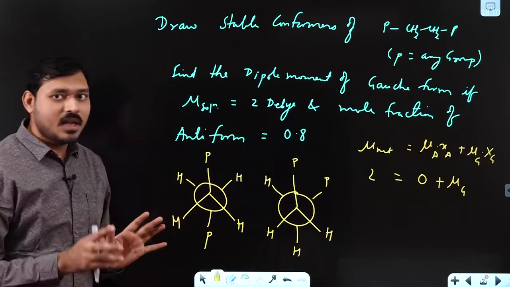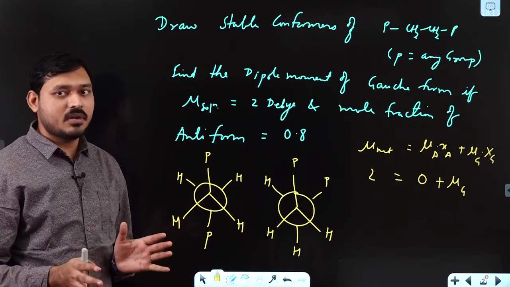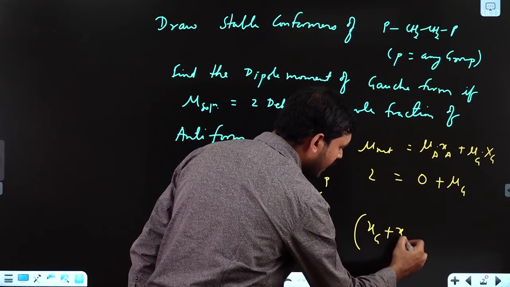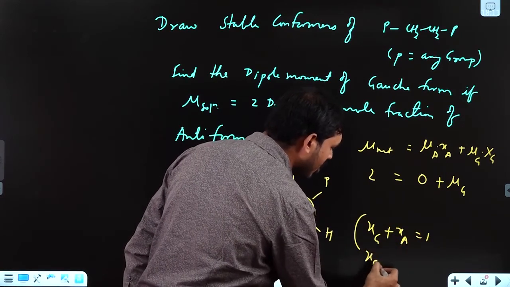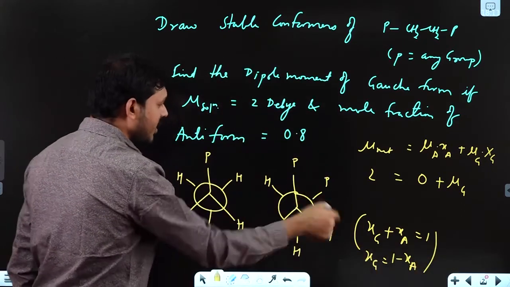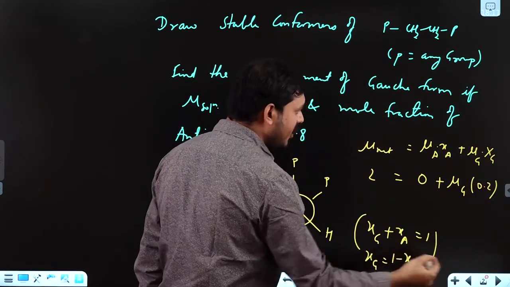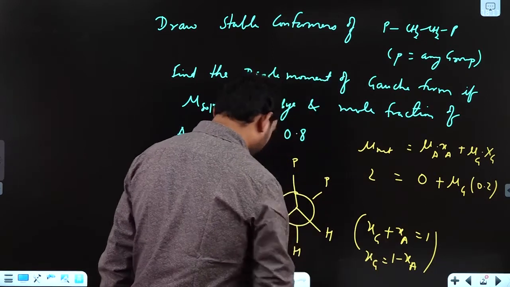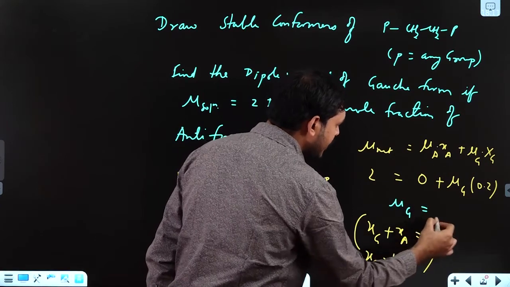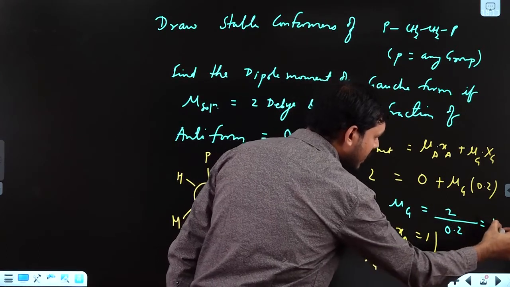Now we can understand if the two conformers gauche form and anti form are present in the solution, then the total mole fraction will be equal to 1. So mole fraction gauche plus mole fraction anti equals 1. So mole fraction of gauche equals 1 minus mole fraction of anti form. Here mole fraction of anti form is 0.8, so mole fraction of gauche form will be 0.2 because 1 minus 0.8 is 0.2. So here mu gauche equals 2 upon 0.2, that is 20 by 2, that is 10.